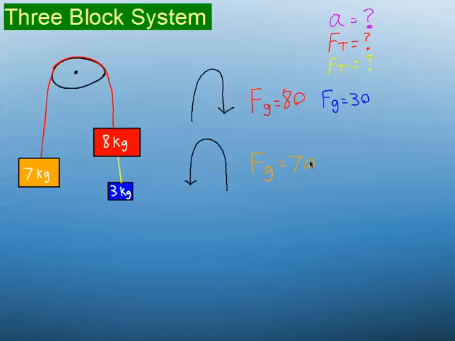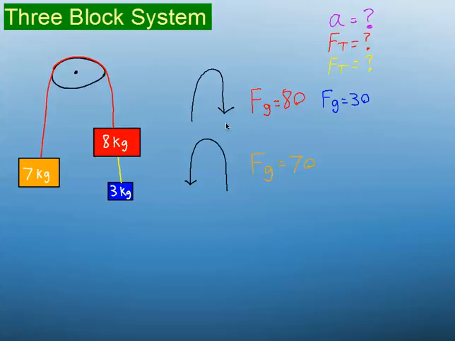So if I treat this thing as one object, which means for now I ignore all of the ropes and I simply look at what the blocks are doing and treat them as one thing, then we've got two forces pulling it this way, which is the force of gravity on the red block, which is 80, and the force of gravity on the blue block, which is 30. And then going the other direction, we've got a force of gravity of 70. And as we know, this is the one that wins.